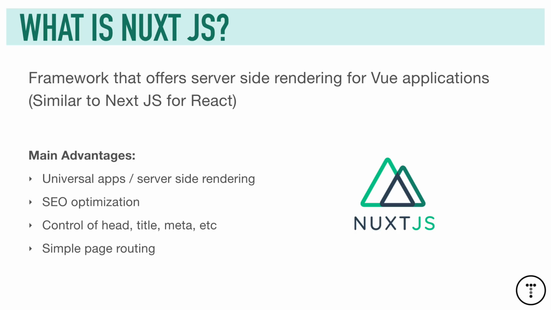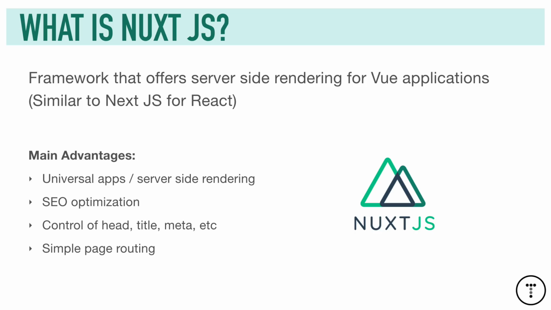So there's no complicating routing setup or anything like that. It just loads the page, which is actually a Vue component, so you still have all the dynamic capabilities that you can implement within a Vue component. And again, you have full control of things like meta tags and the title of each page, which is fantastic.